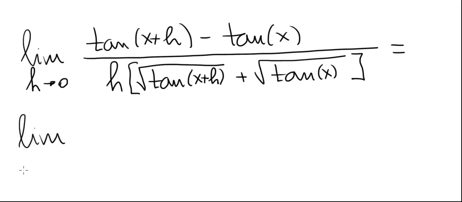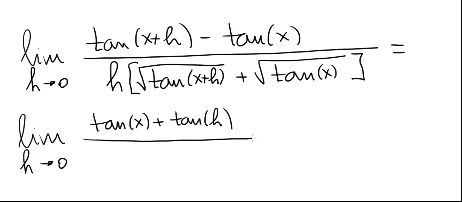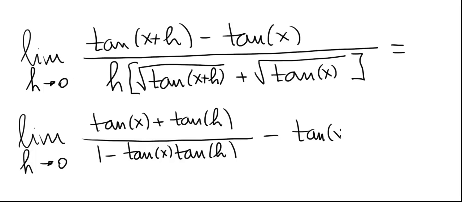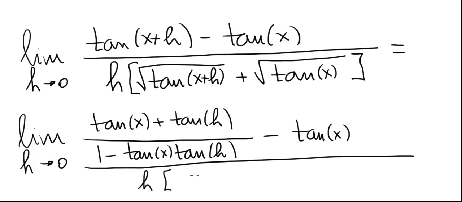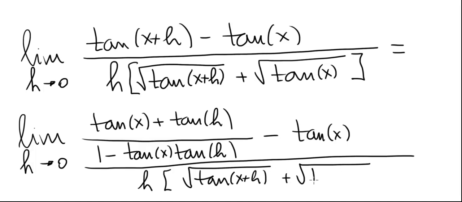So this is the limit as h goes to 0 of tangent of x plus tangent of h divided by 1 minus tangent of x times the tangent of h, minus tangent of x, and all this is divided by h times the square root of tangent of x plus h plus the square root of tangent of x.